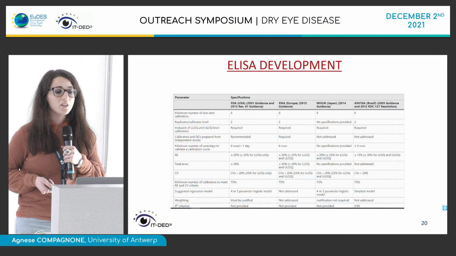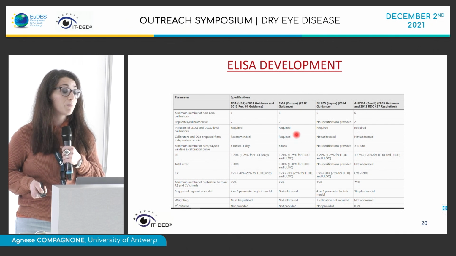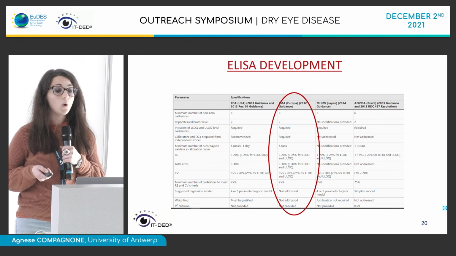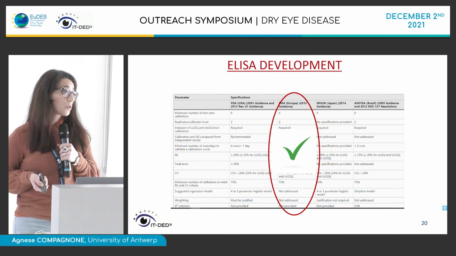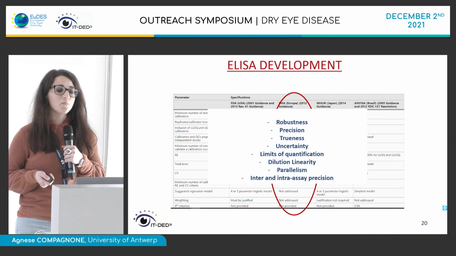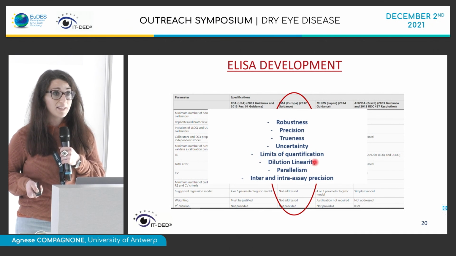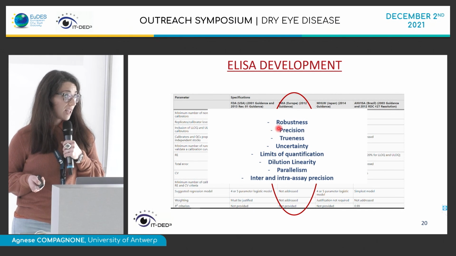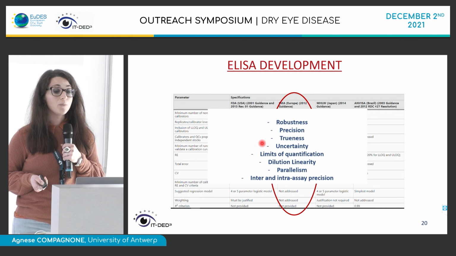But in order for the validation of the method, until now, all the parameters seem satisfied. So the main parameters for validation of the ELISA were tested, and the requirements were satisfied.